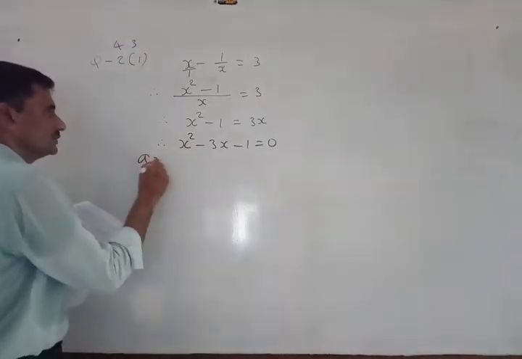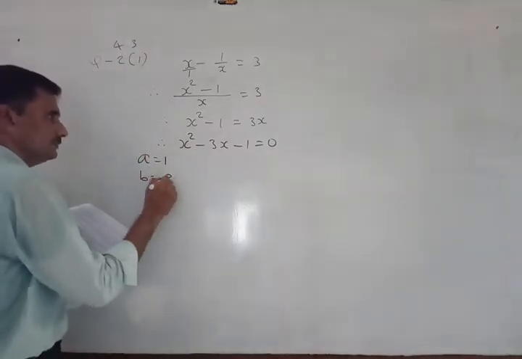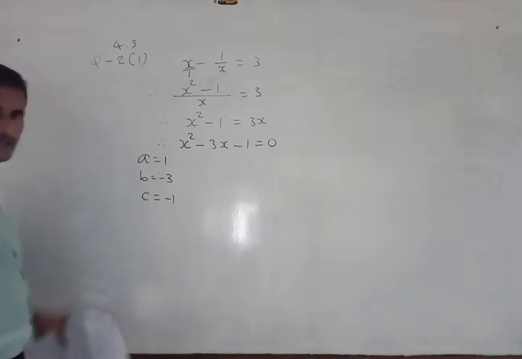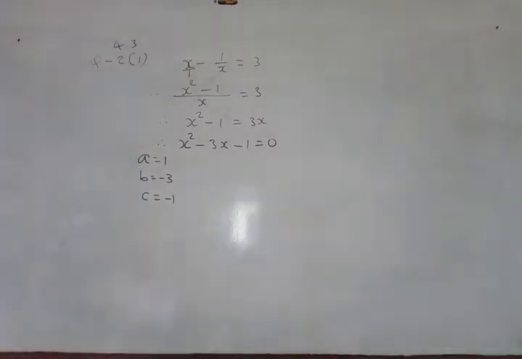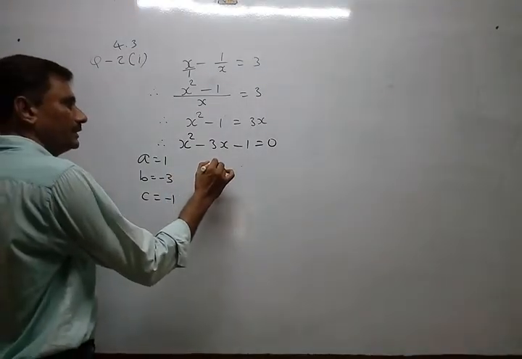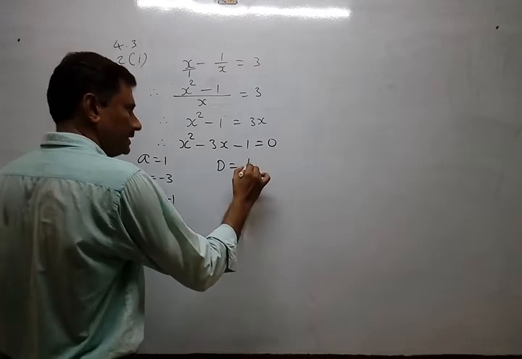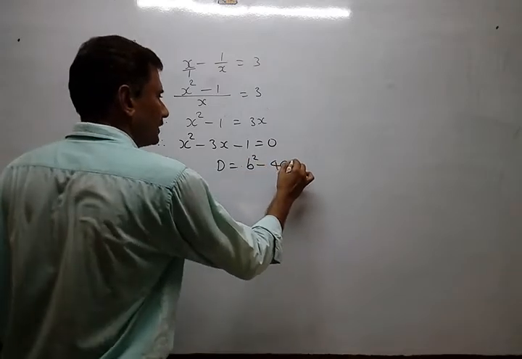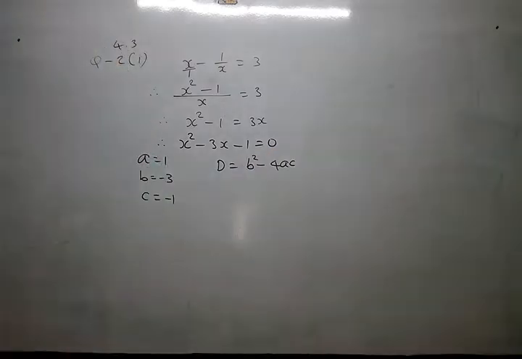So here a equal to 1, b equal to minus 3, c equal to minus 1. Okay, so we got a, b, c. Now d equal to b square minus 4ac. Now write down all values of a, b and c.